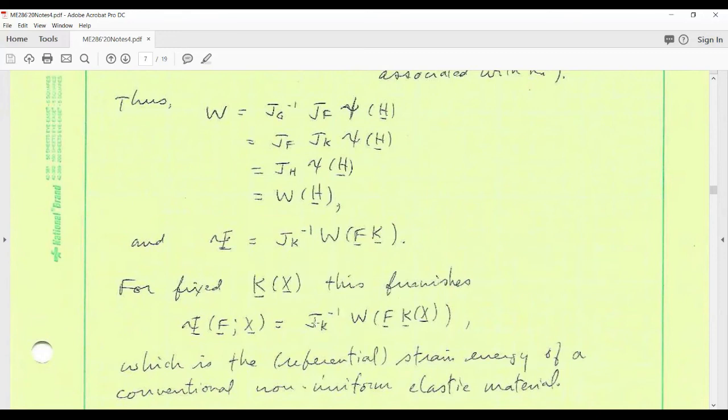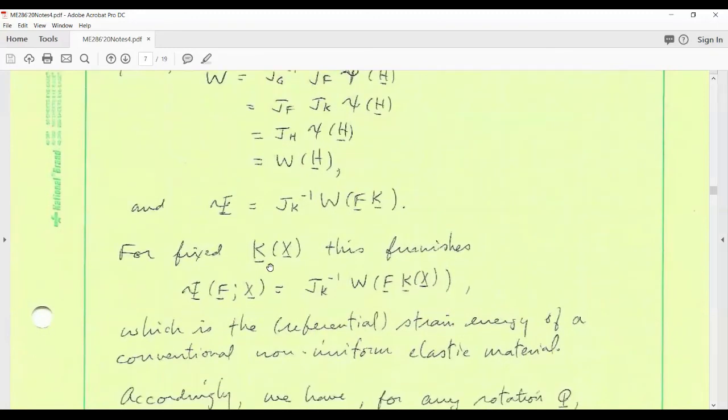The J_K becomes some fixed function of x because it's det K. So we have now a function of F depending parametrically on x, right? So for a fixed plastic deformation, the referential strain energy looks just like that for a conventional elastic material, which is non-uniform because there's an explicit x dependence.